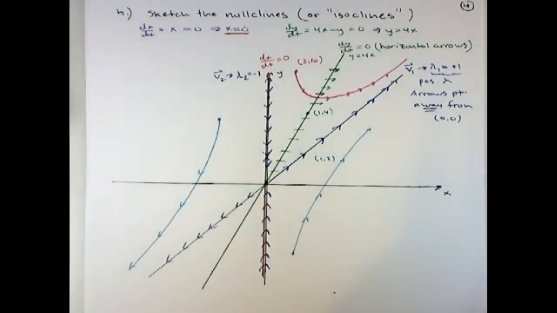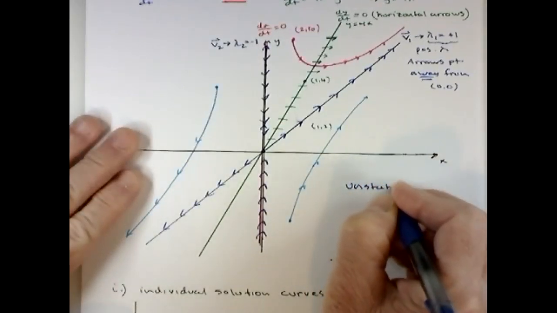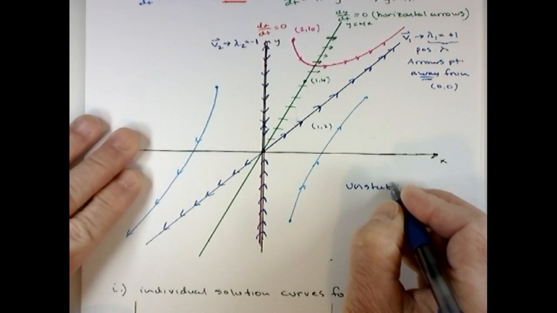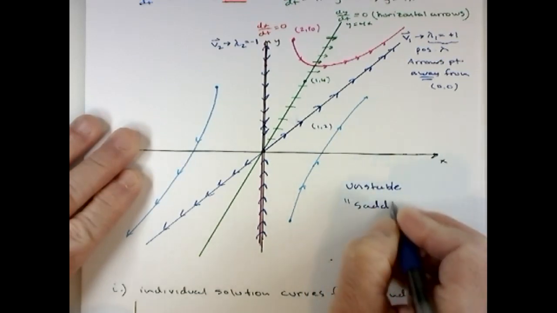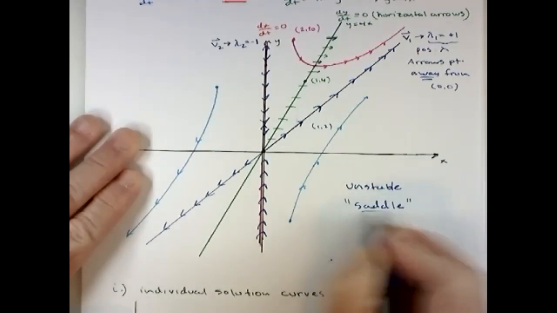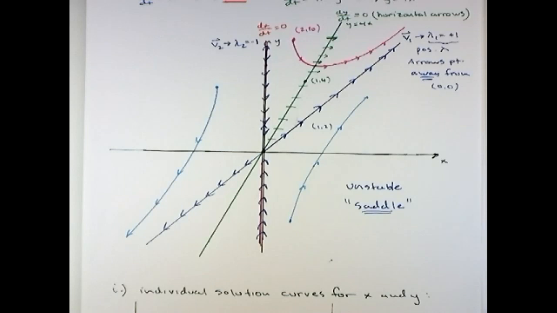But what are the chances of that, right? Every other scenario is going to be unstable. So this is definitely unstable, and we call this a saddle. Actually, we borrow that name that we used before. We call this a saddle.